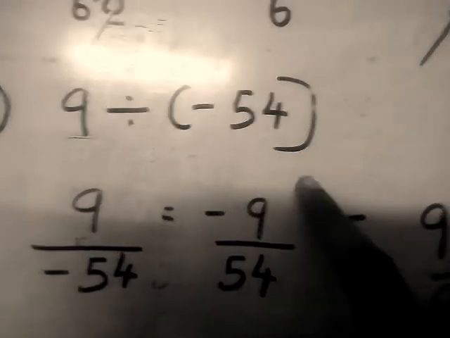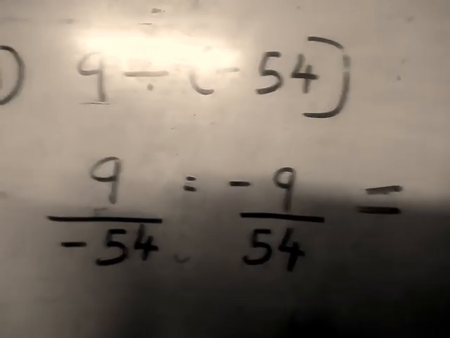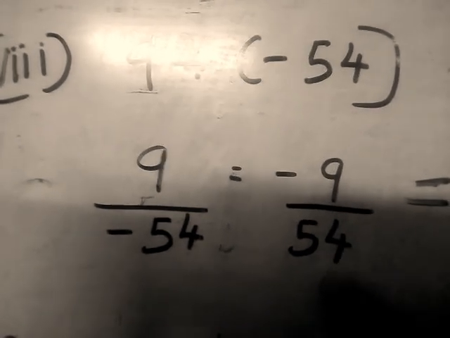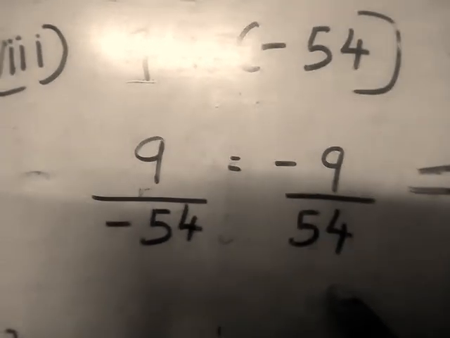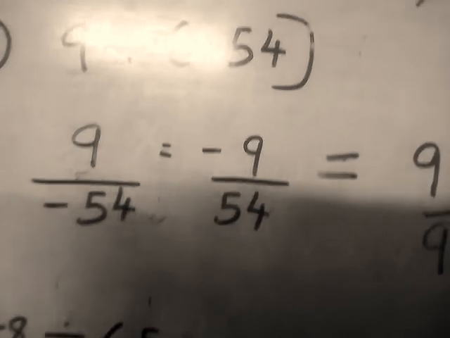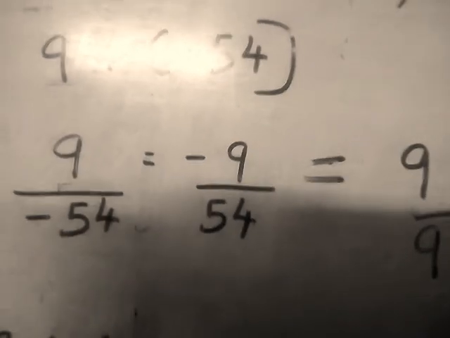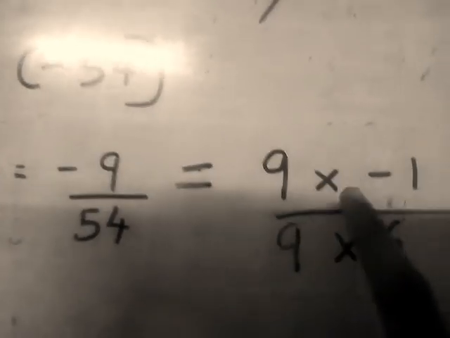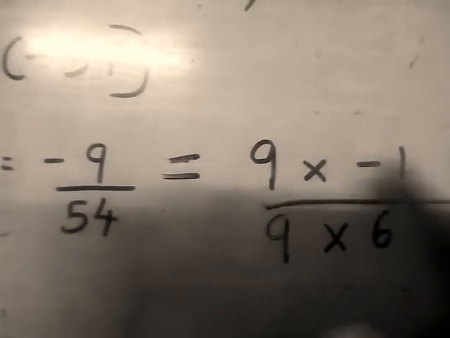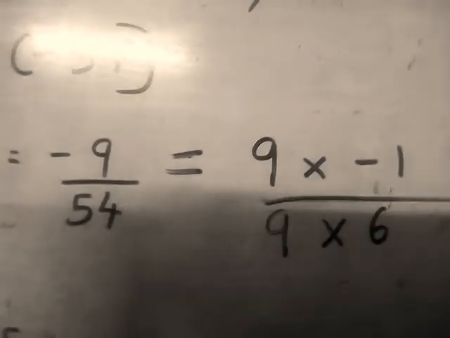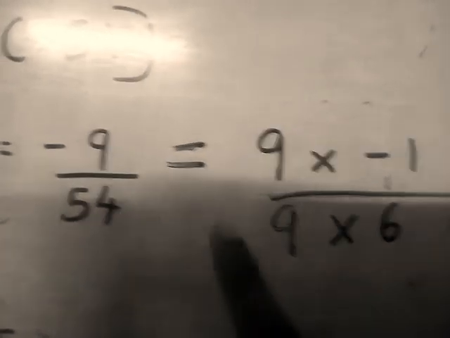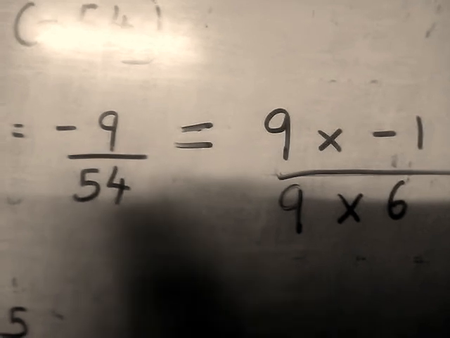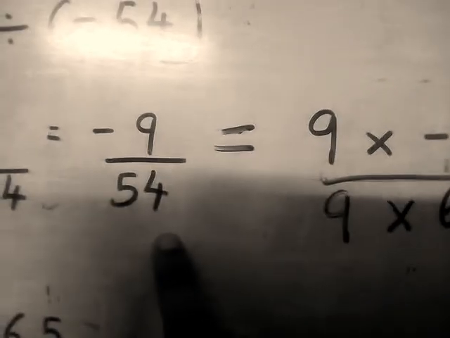Now both these numbers are divisible by 9. 9 is the smaller number, 54 is the greater number. So 54 is divisible by 9. So you have to write in multiplication form. So in the numerator minus 9 is there. You have to take 1 plus and 1 minus in multiplication. 9 into minus 1, because plus into minus is minus. You have to use the sign formulas. 9 into minus 1. 9 sixes are 54.